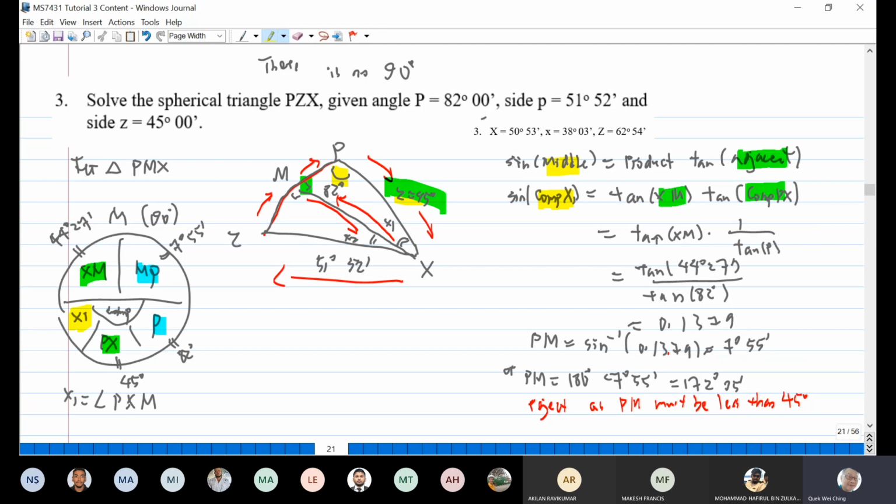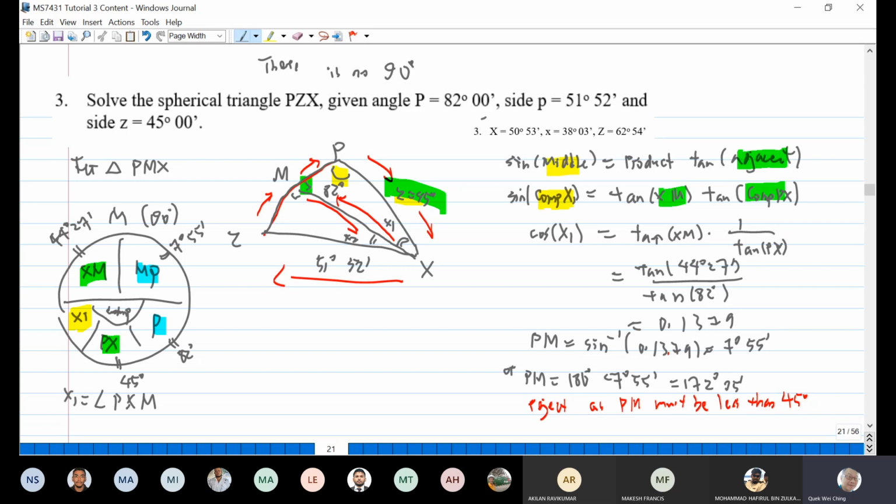I need a com there because x1 is below the view. So the tangent XM and tangent com PX. Tangent com PX is actually 1 over PX here. And sine com x1, we know is cosine x1 now. Now I just need to change a little bit.